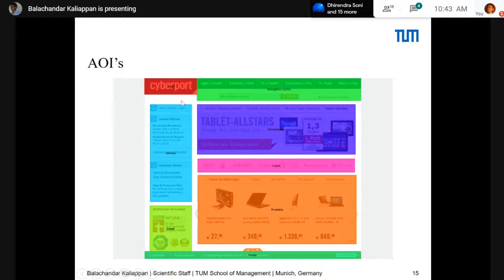We assume that these are the areas where people will look, and we mention it here. These are the boxes drawn by the researcher. If I am looking at this place, it will be captured and shared to the eye tracker. But the areas of interest are basically drawn by the researcher.